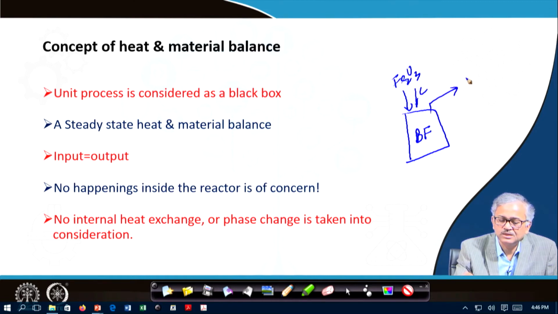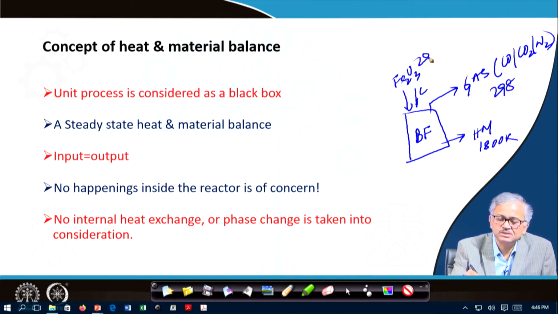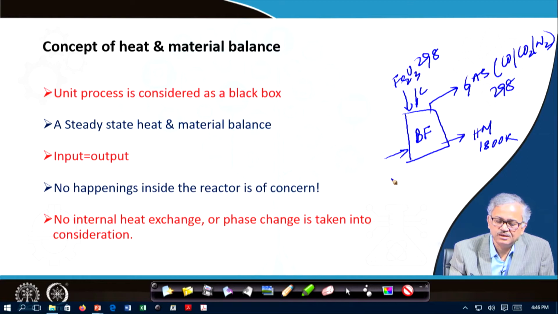The blast furnace gas, that is CO, CO2, and nitrogen, is coming out, and hot metal is coming out, say at some 1800 K. The solids are at 298 K. For simplicity, let us consider 298 K, and then the air blast is also at 298 K, everything coming in.